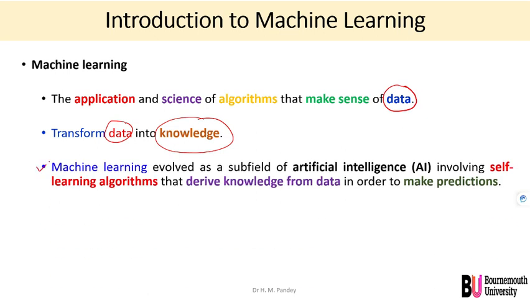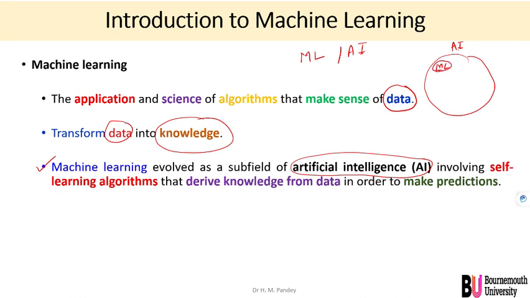These days machine learning plays a very important role in the field of artificial intelligence. If you remember in my last class, I said you need to define the difference between machine learning and artificial intelligence. Artificial intelligence is basically a broad area with subfields, and machine learning is a subfield of artificial intelligence.